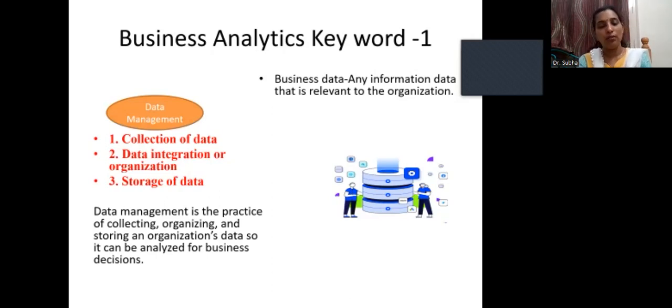So in data management, the data analyst collects the data through the process called ETL: extract, transform, and load.